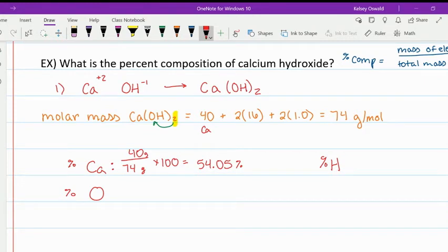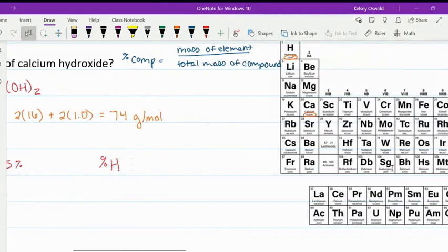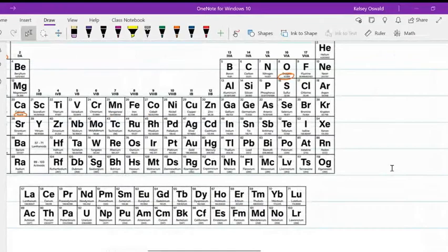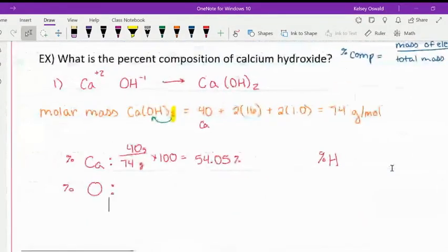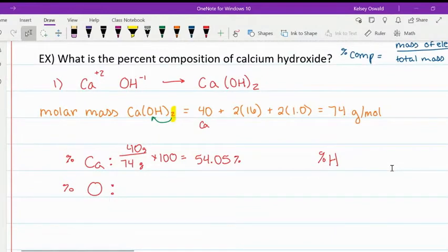Likewise, when we look at oxygen, our part is going to be the mass of the element we're looking at. Here, that's oxygen. When we looked at the periodic table, we said oxygen had a mass of 16. So our oxygen atoms are contributing a total mass of 16 grams each, or 32 grams in total.